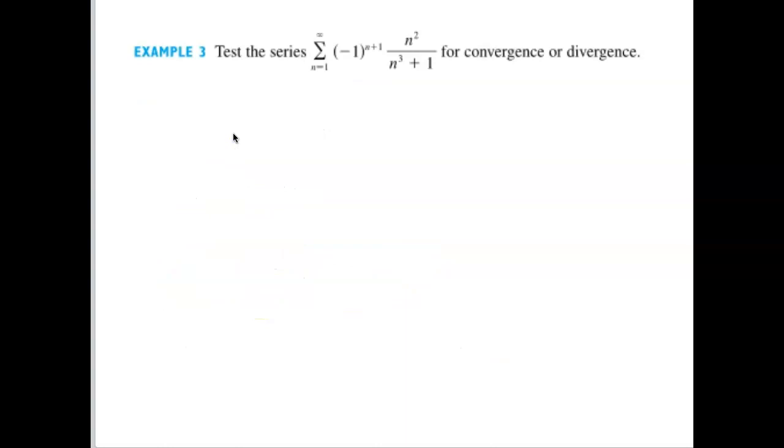All right, let's do one more. Test this series for convergence or divergence. All right, so let b sub n equal the sequence, but without the alternating part, so just n squared over n cubed plus 1.